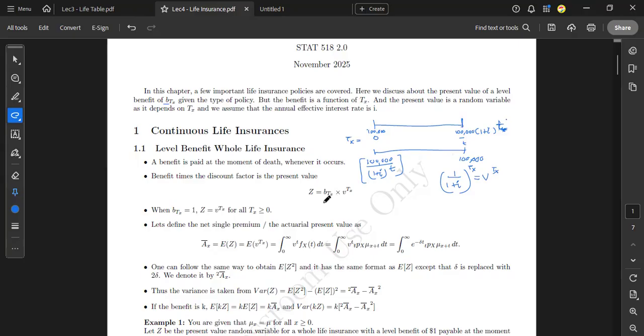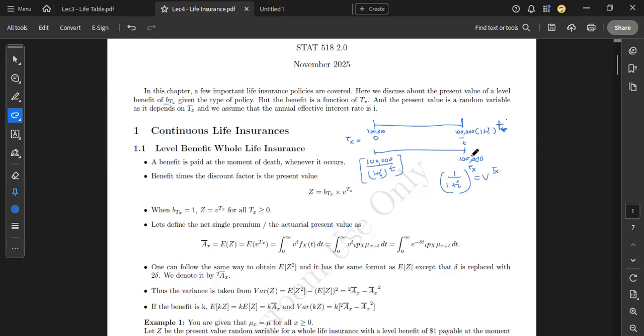And now, the benefit times the discount factor is the present value of the insurance. So you can see 100,000 times v^t(x) is the present value if I'm expecting 100,000 at the moment of death for this customer.